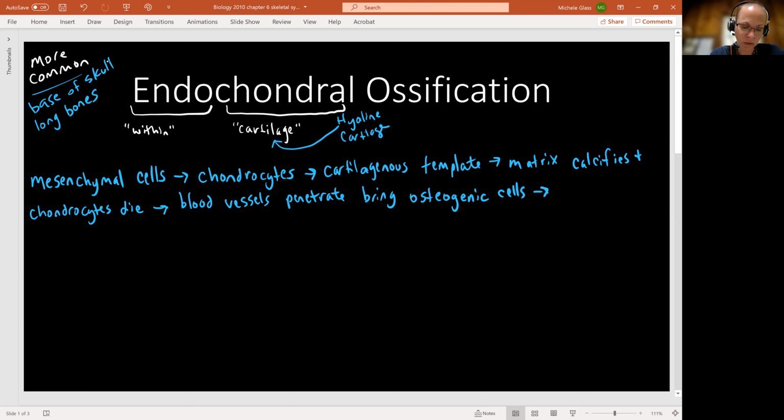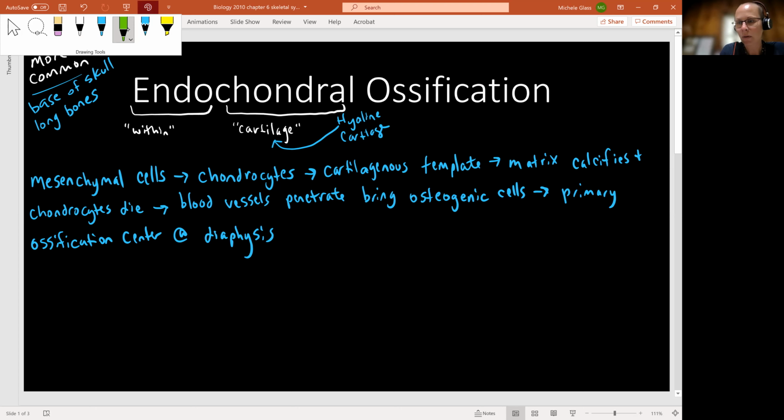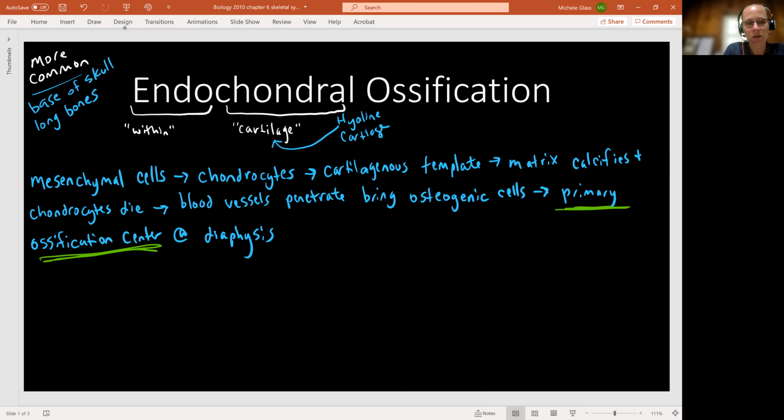When we have the blood vessels coming in and penetrating, we get what's called our primary ossification center. And this is in the diaphysis, which remember is the shaft of our long bone. So we're getting the primary ossification center at the shaft, or diaphysis.